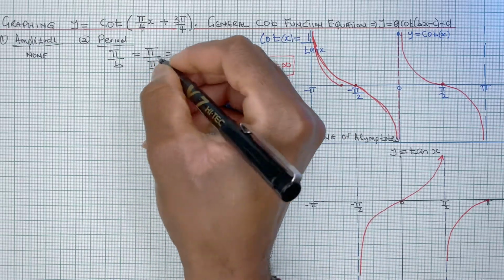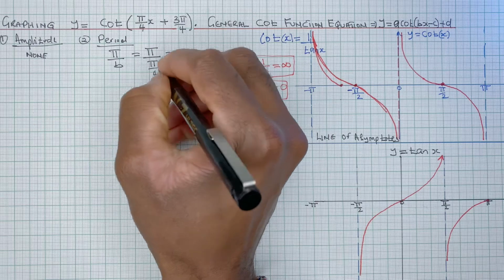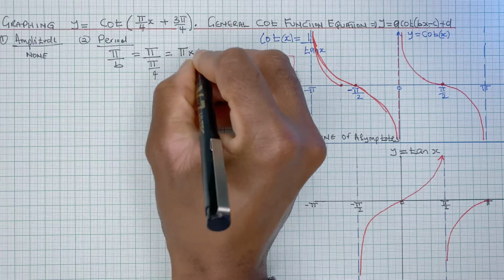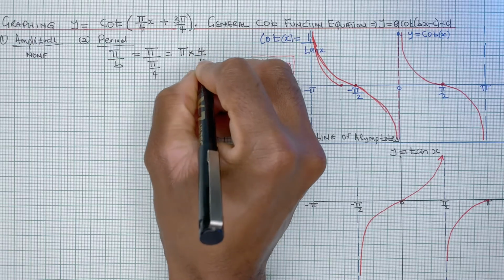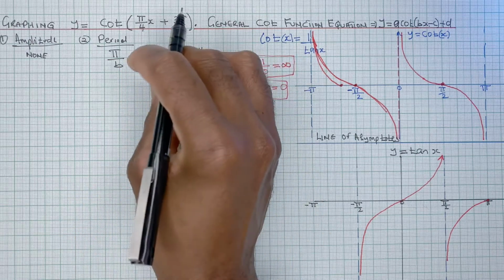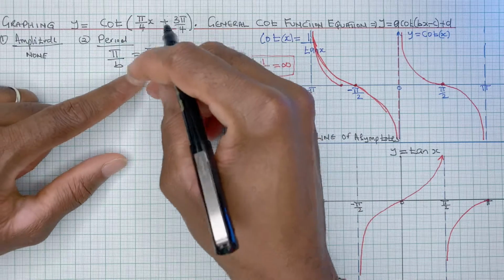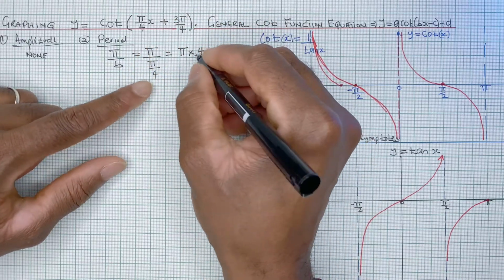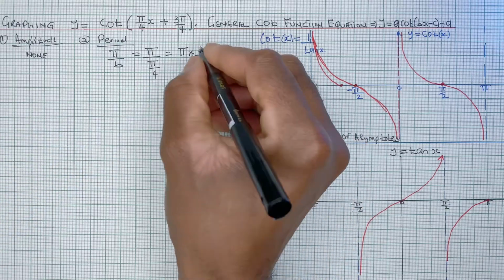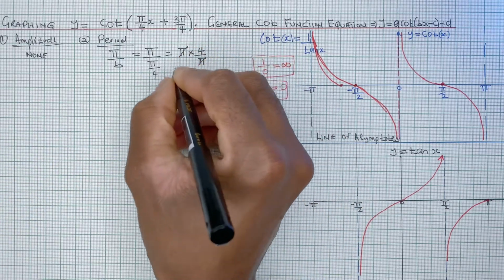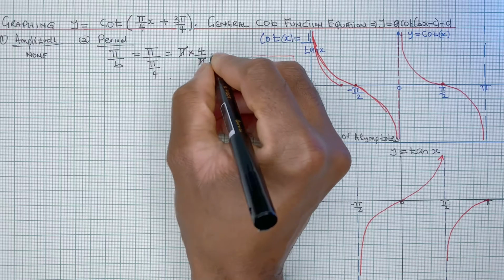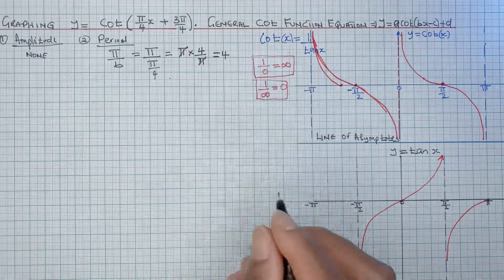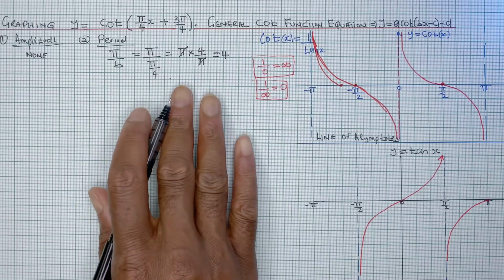Since we're dividing pi by pi over 4, we get pi times 4 over pi, because dividing by something is times the reciprocal. So you flip it and turn it into times. Then pi cancels pi, and in this case the period will be 4. So that's what the period is.